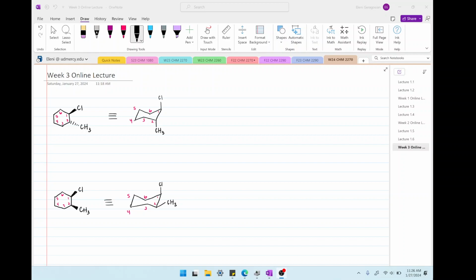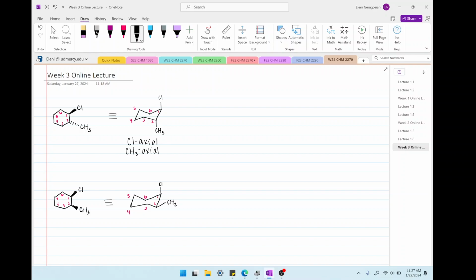We labeled where the chlorine is as carbon 1, and we did that in the chair conformation as well, and that's where we put chlorine. So we have chlorine axial, and the methyl group also axial. And remember, the wedge means it's pointing up, dash means it has to be pointing down.